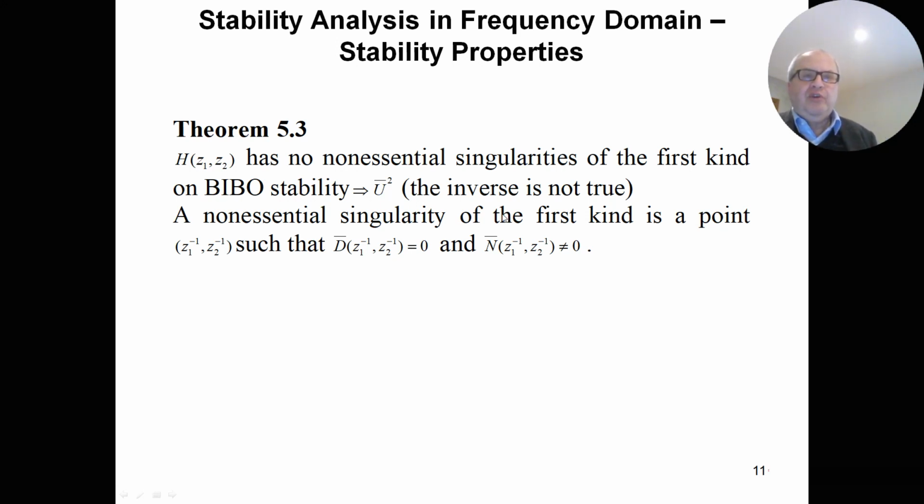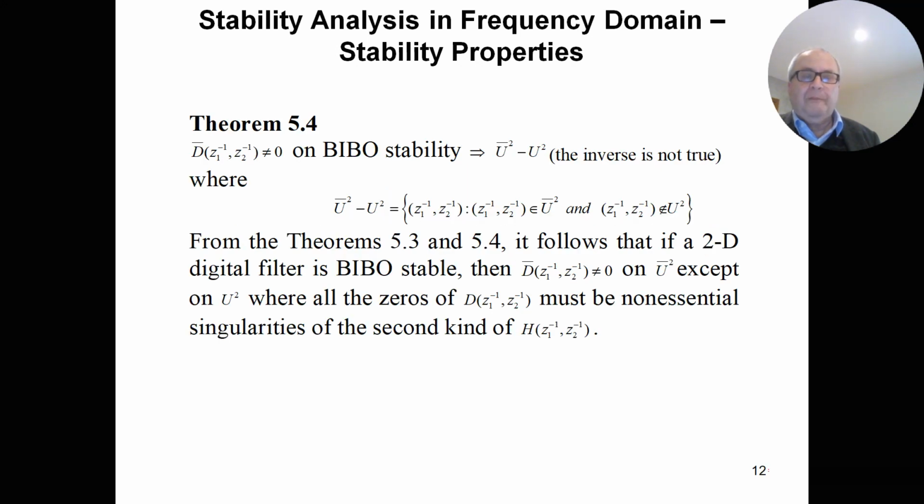If your transfer function has non-essential singularities of the first kind, of BIBO stability, then that means that the denominator does not have zeros, but the inverse is not true. Another theorem is this: if the denominator does not vanish inside the unit bidisk, then you have this condition.